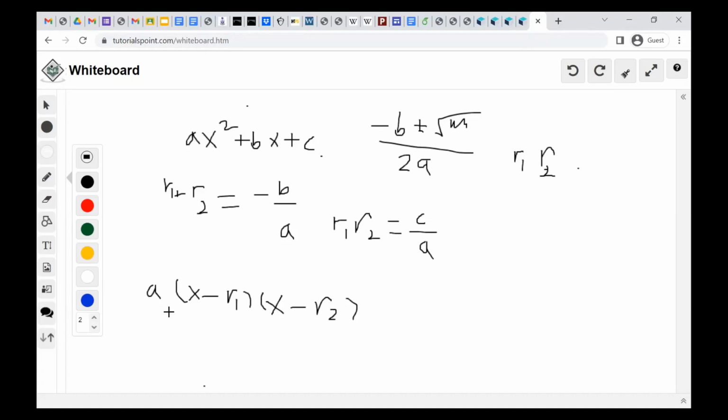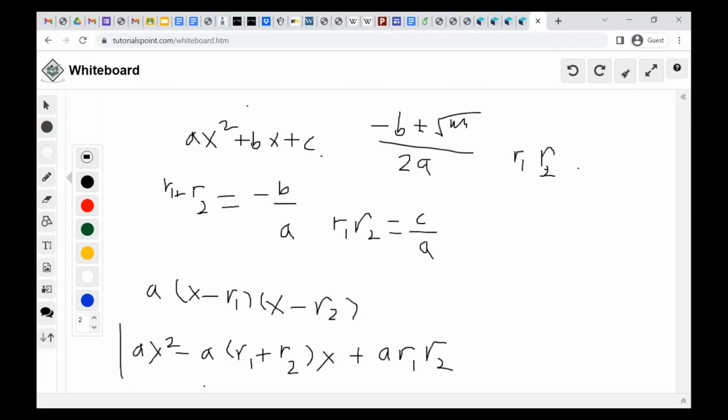This expands as ax squared minus a times R1 plus R2 times x plus a times R1 R2.